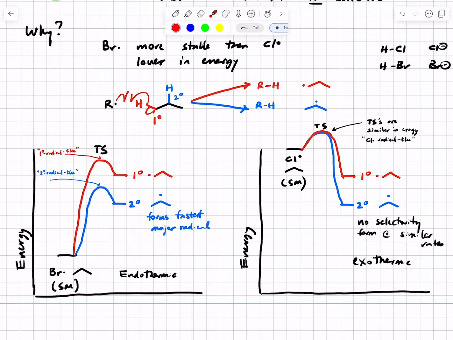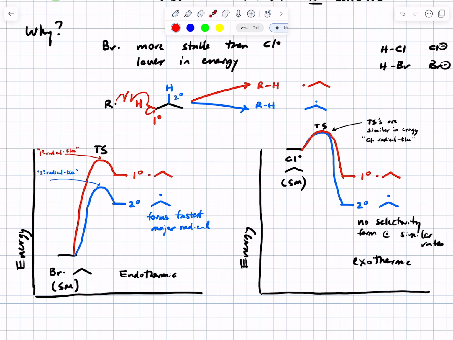So it's faster to go through the more stable transition state that leads to the more stable secondary radical, slower to go through the less stable transition state that leads to the less stable primary radical. And so the secondary radical forms fastest and we get selectivity. Bromine, being less reactive, ends up being more selective. Okay, questions?